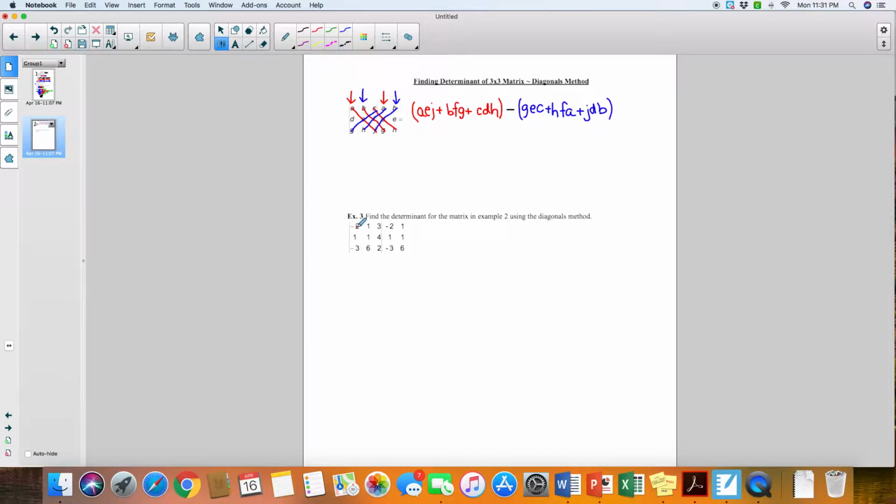So I'm going to go negative 2 times 1 times 2. And then the next group I will multiply is the 1 times the 4 times the negative 3.